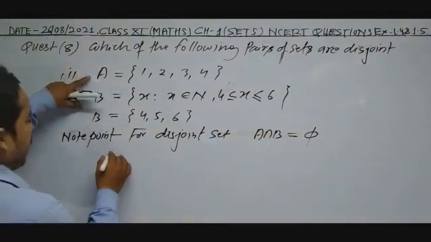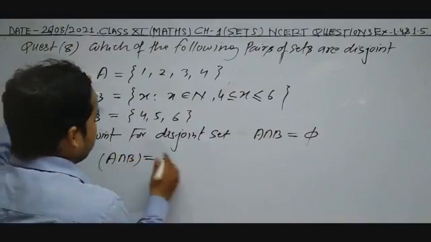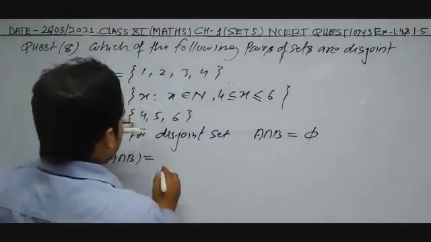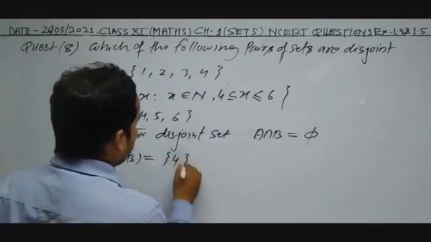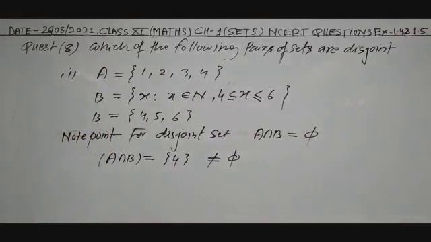So A intersection B, you will see in 1, 2, 3, 4 and 4, 5, 6, the result is 4. So it is not equal to phi. So it is not a disjoint set.